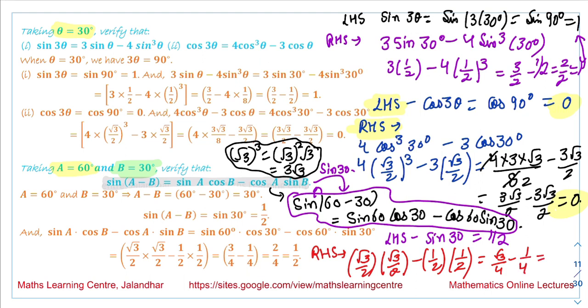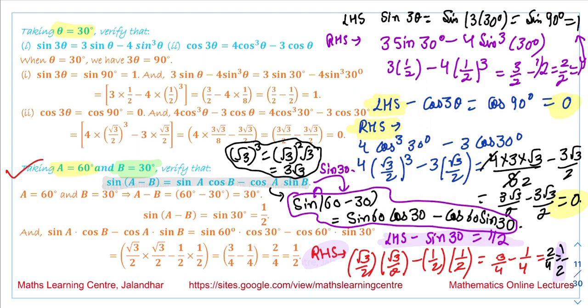This is not root 3 by 4, it is 3 by 4 minus 1 by 4. So the answer we obtain is 2 by 4, that is equal to 1 by 2. So LHS is 1 by 2 and RHS is also 1 by 2. So this equality is verified.